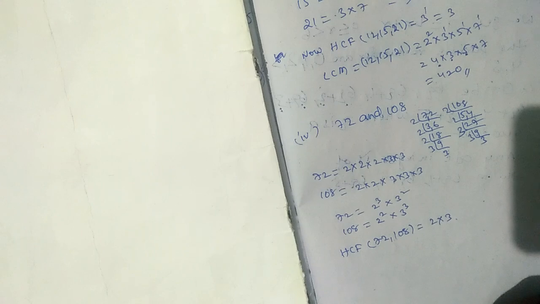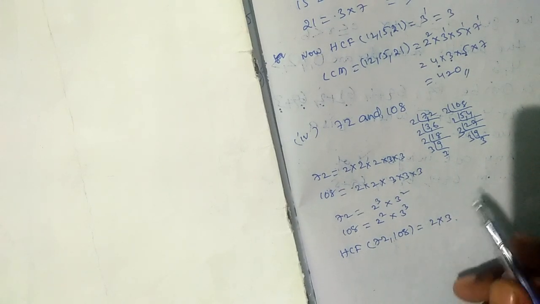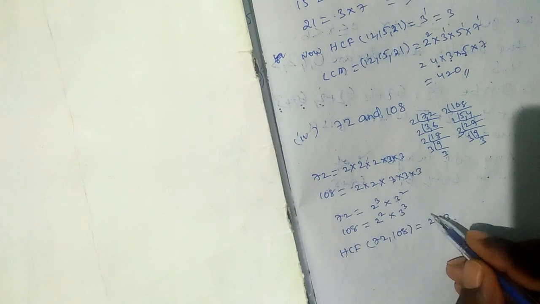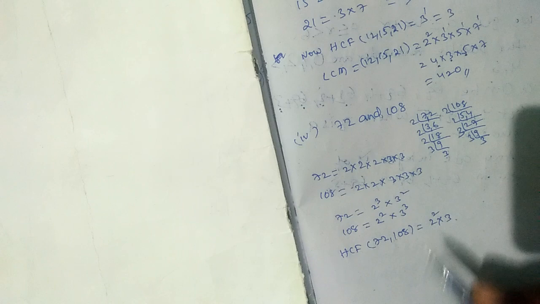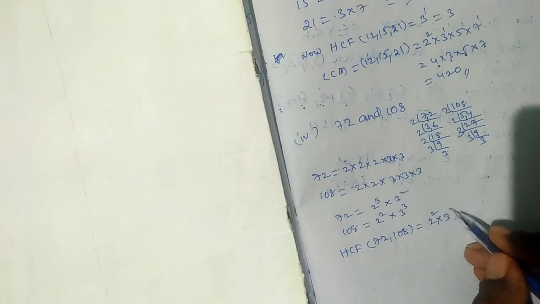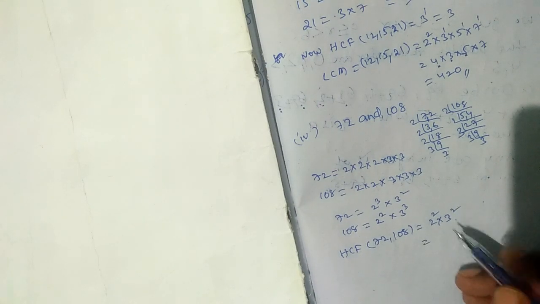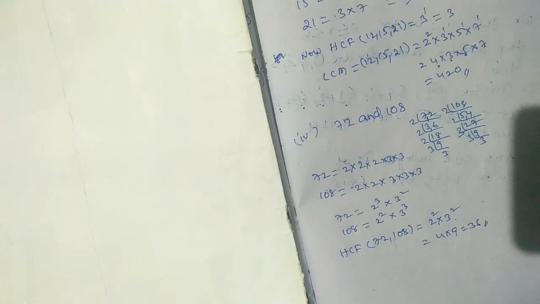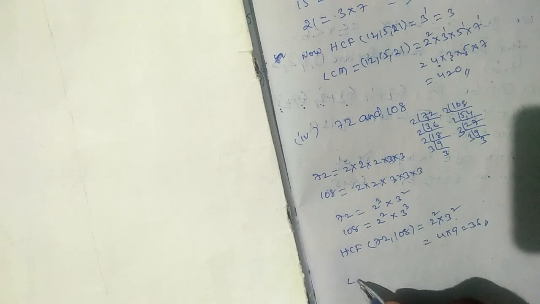So for HCF we have to take the least power of these numbers. What is the least power of 2? Yes, 2. What is the least power of 3? Yes, 2. 4 into 9, that is equal to 36. 36 is the HCF of 72 and 108.